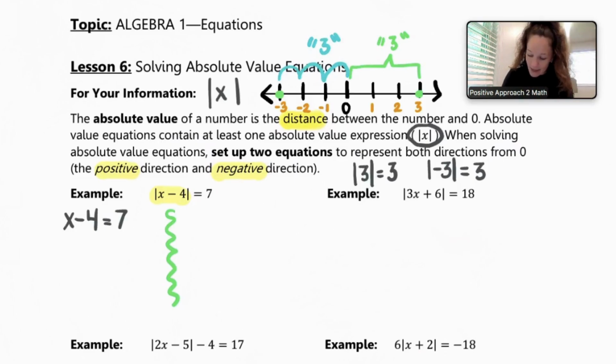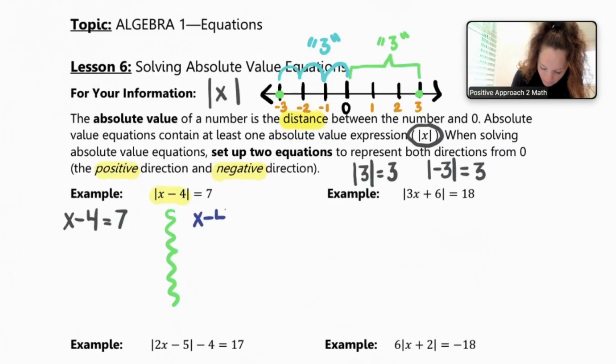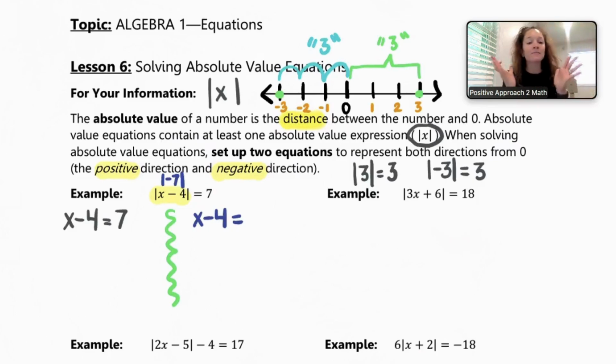And in this second equation, remember, that x minus 4 can end up being negative 7 because the absolute value of negative 7 is still positive 7. So what if the inside of the bars leaves me with negative 7? The absolute value of negative 7 would still give me positive 7.